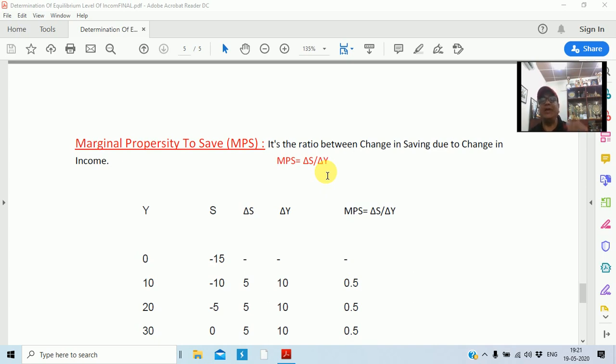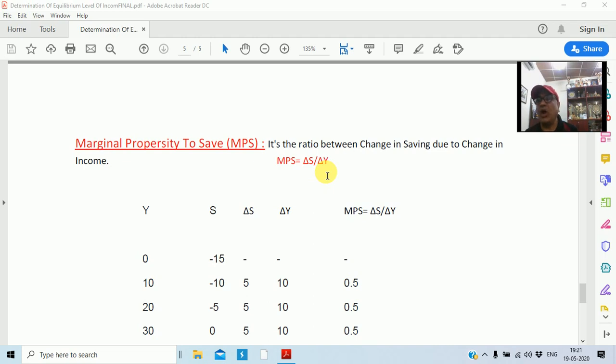If your MPS is high, what will be the effect on MPC? It will be low. If your MPS is 90%, what is your MPC? 10%. So if any economy indicates a high rate of MPS, it means in that economy MPC is quite low. Many times MPS gets affected by the interest rate.